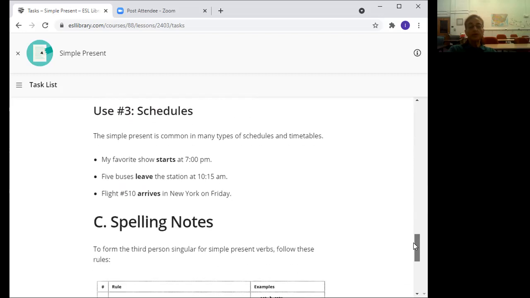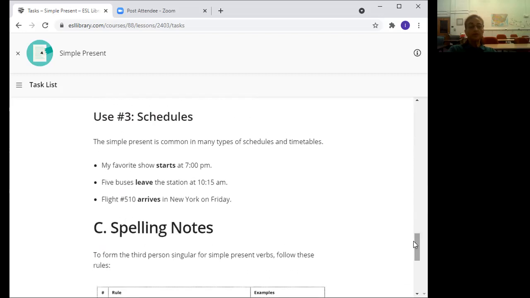We also use that tense for schedules. And in this case, when you use it for schedules, it may mean a repetition of the schedule, or it can actually indicate a future event on that schedule, right?